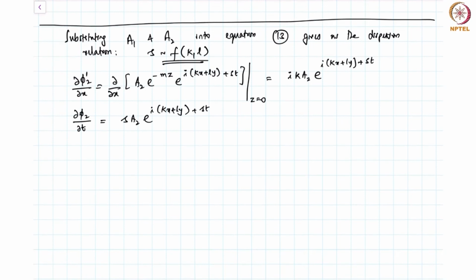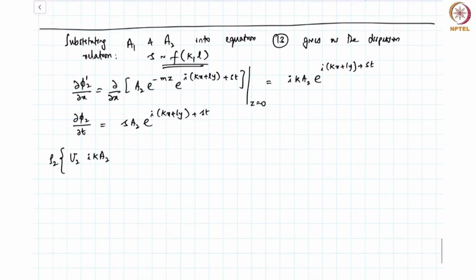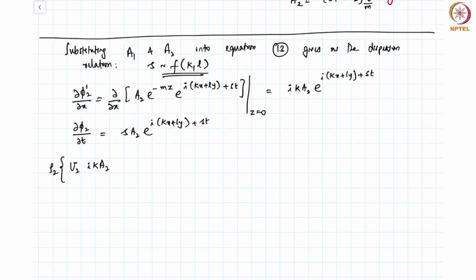What we now have is rho 2 times u2 times ik A2, that is what we have as u2 times del phi 2 by del x, that's the first term, plus del phi 2 by del t, that is s A2.